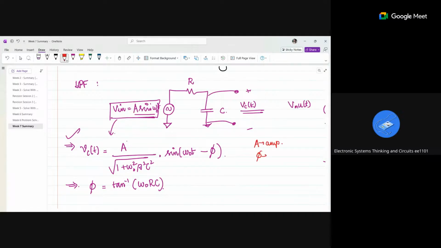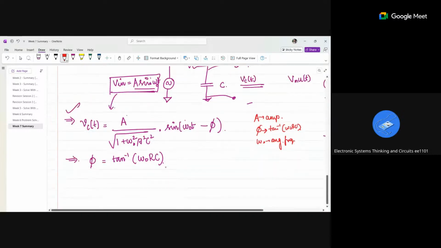Phi you will find using the tan inverse formula. Omega naught you can take from the question, the angular frequency, the same omega. Then RC you can take from the circuit. All clear, right?